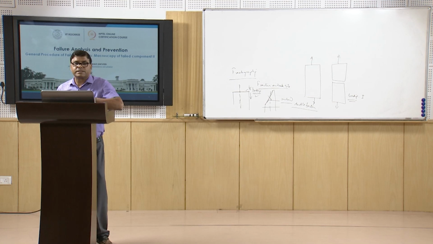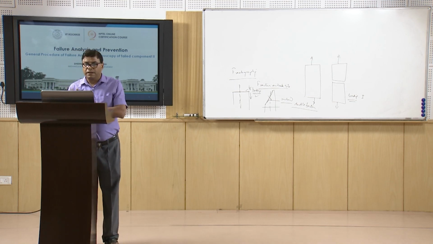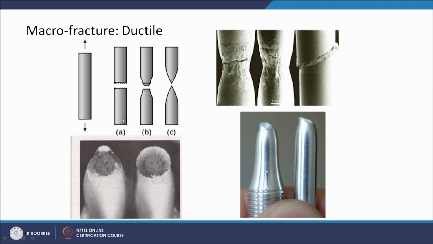Now, as far as the macroscopic feature of the fracture surface is concerned, say this is the component which is subjected to external loading. A is the case of the brittle fracture, where the fracture surface is perpendicular to the axis of the loading. This is the case of somewhat ductile fracture, meaning partially ductile fracture.